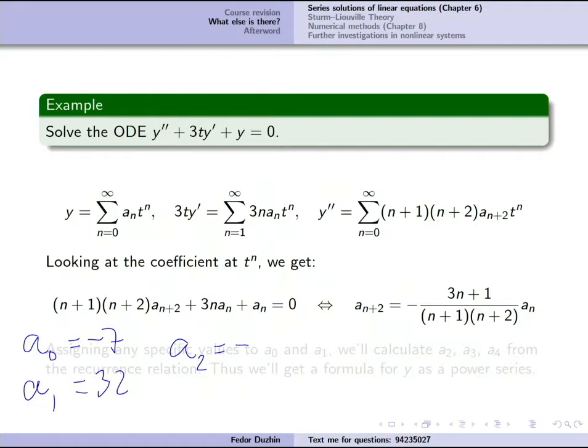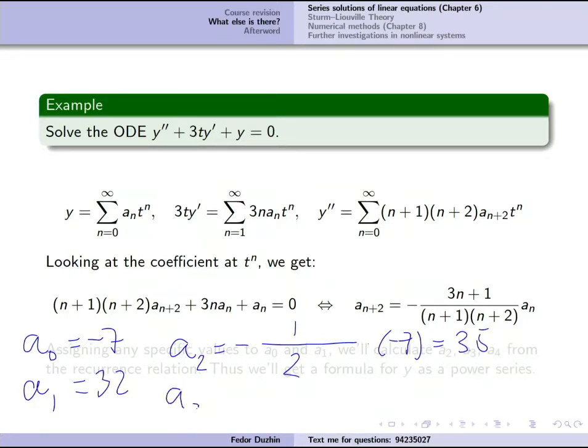So this is going to be minus 1 over (0 plus 1) times (0 plus 2), times a0, which is -7. So -7 over 2 times 2, so this is 3.5.